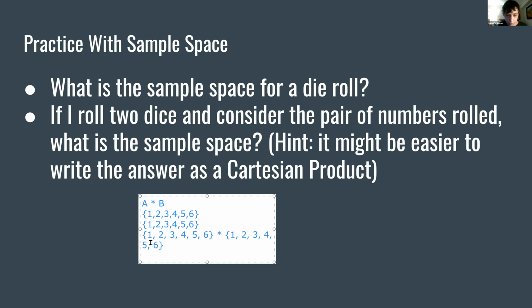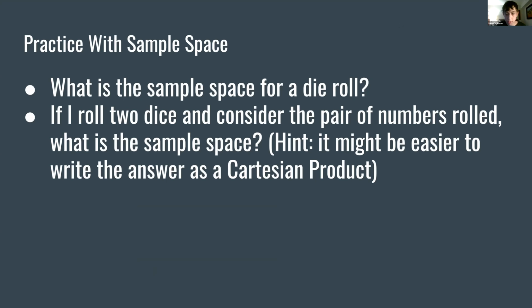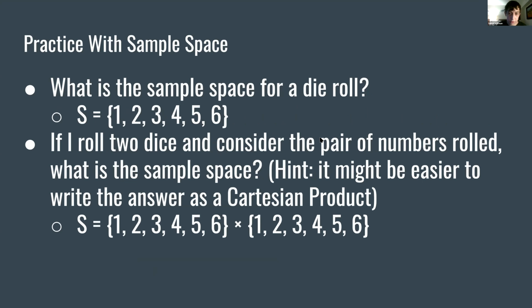It's the Cartesian product of this set times this set. And that's going to be all the possible combinations of two numbers that we can roll. So these are the answers. Does anyone have any questions about these questions?